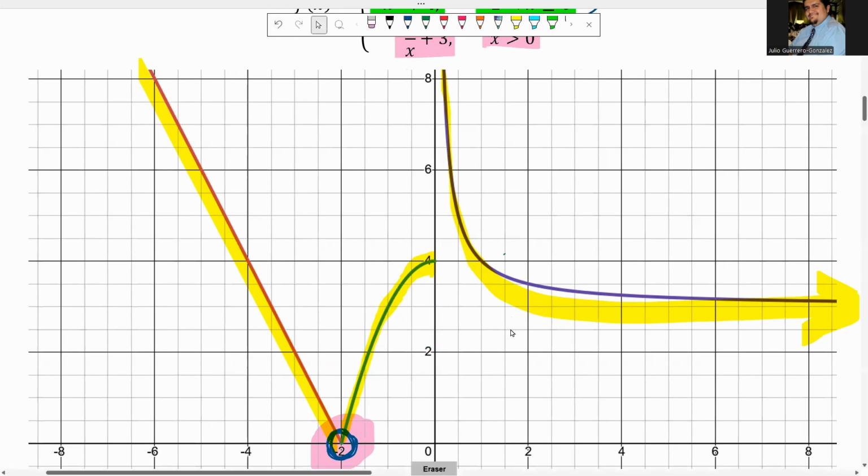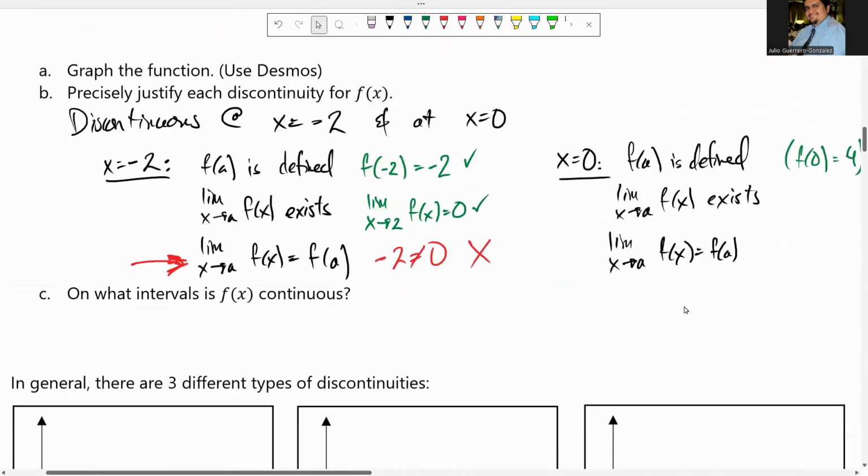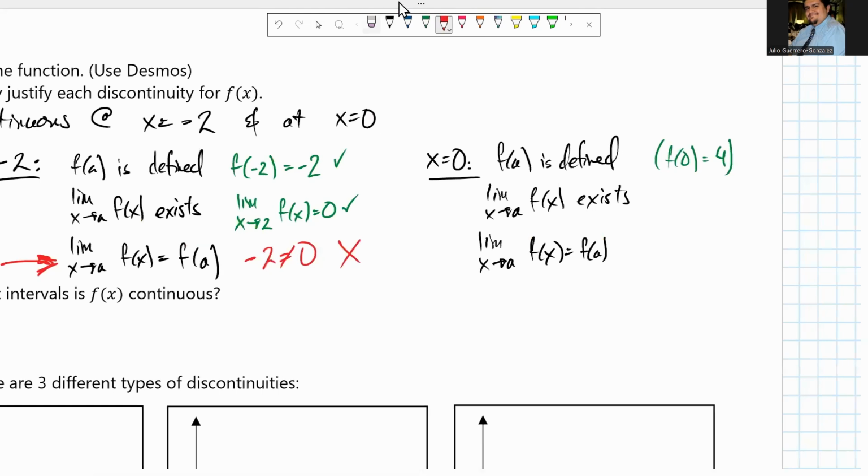So I'm going to scooch this over a little bit. There we go. The limit as x approaches 0 from the positive of f of x is equal to positive infinity. The limit as x approaches 0 from the negative of f of x is equal to 4.